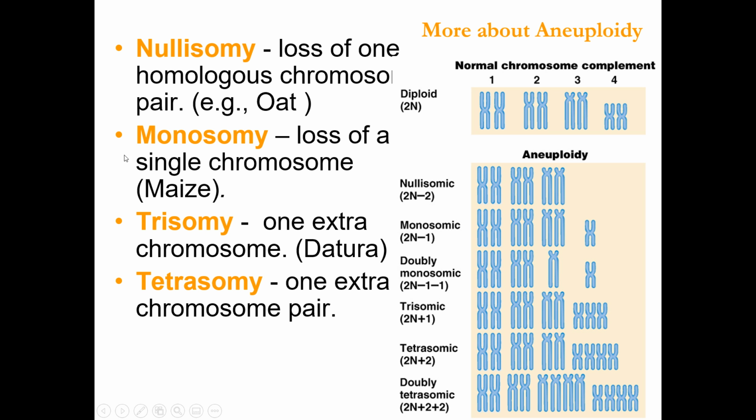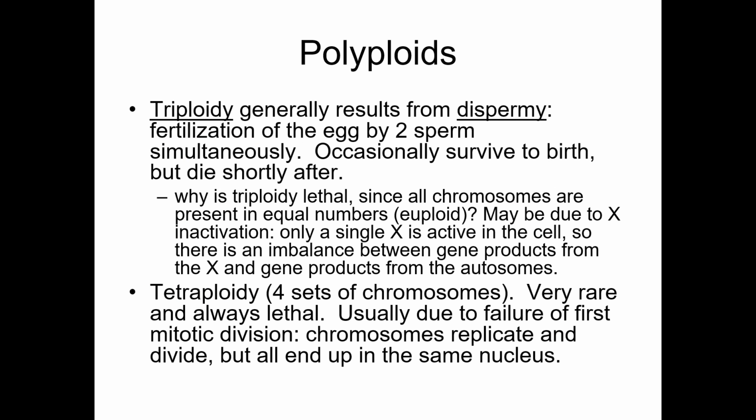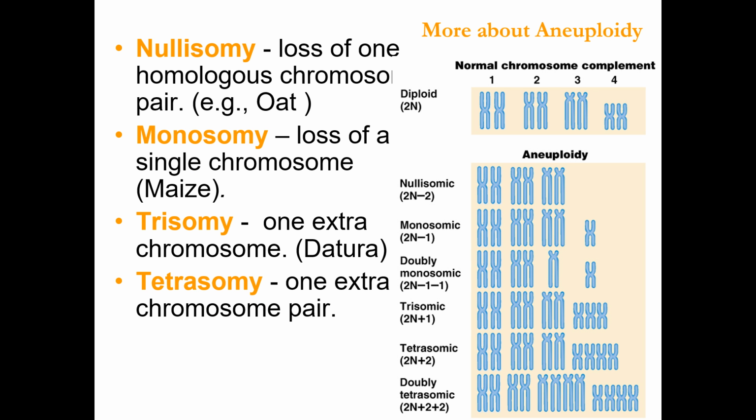This monosomy is very common in maize. Trisomy is in datura plant, which you can see. One extra chromosome will be there. Trisomic, see here, 2n plus 1. In the last there will be 3 chromosomes.